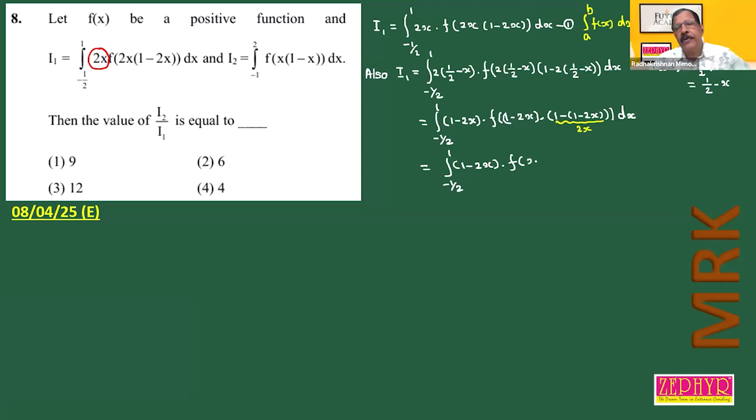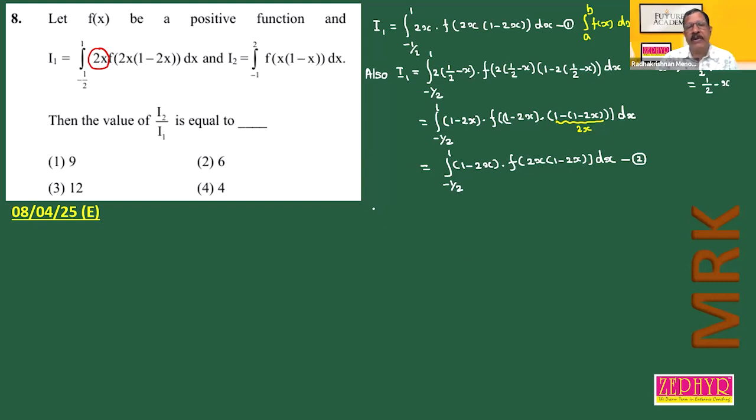You will be getting 2x into 1 minus 2x. So this is the second equation. Both are I1. So by using this property, I1 now is the integral from minus 1 by 2 to 1 of 1 minus 2x into f of 2x into 1 minus 2x dx.